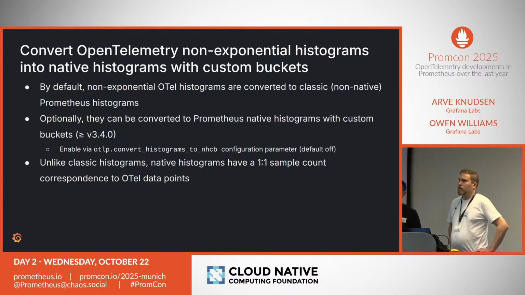This is again off by default for backwards compatibility, but the huge benefit is that when this is enabled, the OTLP data points are converted in a one-to-one correspondence to Prometheus samples, and that can make a big difference because it can prevent basically overloading the server, depending on how many OTLP data points the client sends to Prometheus.